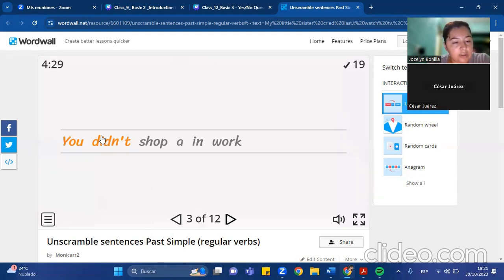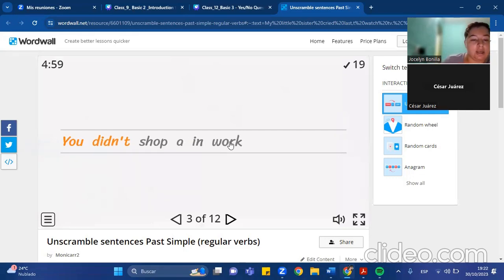Making the translation says, tú no compraste en el trabajo. Tú no compraste, no, shop. Shop es como una tienda. Tú no tienda en el trabajo. Sería work in a shop.